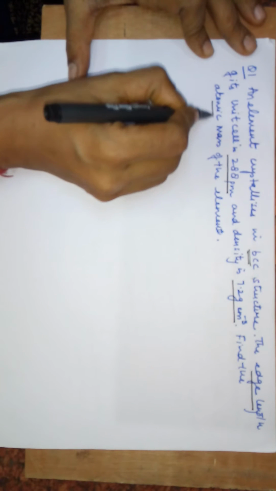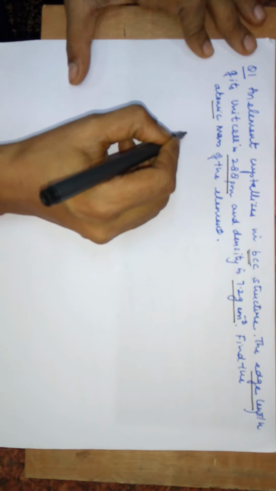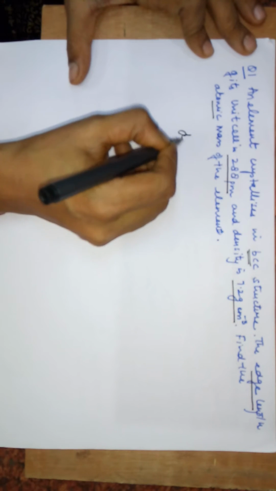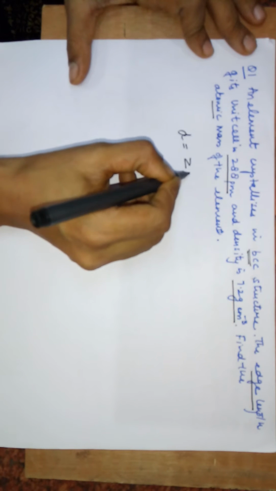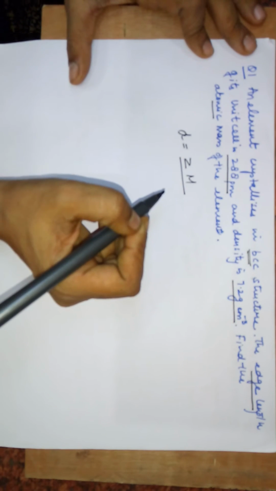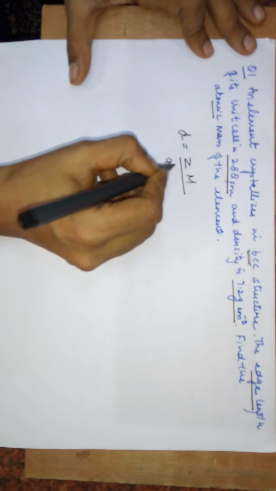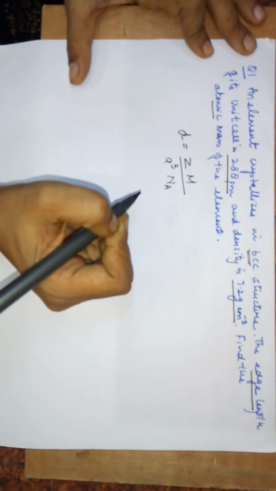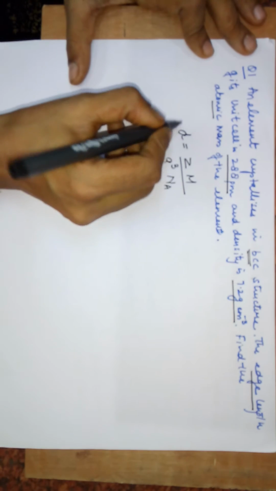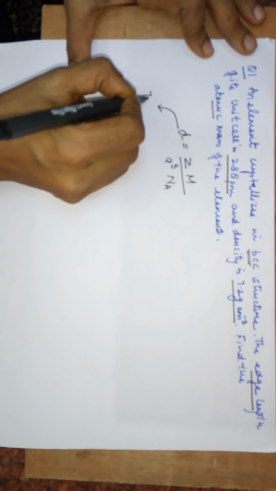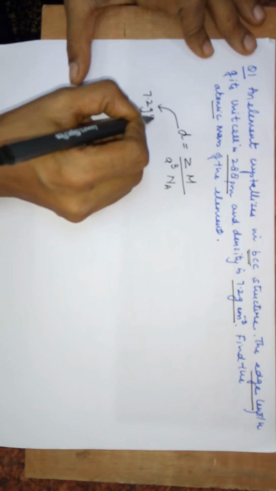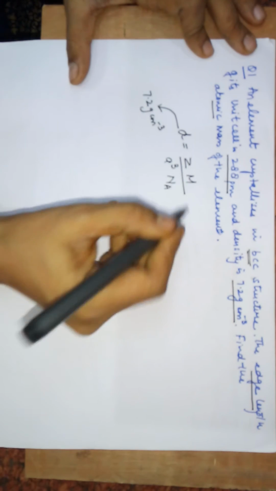You are supposed to find the atomic mass. The formula that we'll be using is density is equal to number of atoms in the unit cell times atomic mass upon A cube and Avogadro's number. In this formula, you are provided with the density 7.2 grams per cubic centimeter.